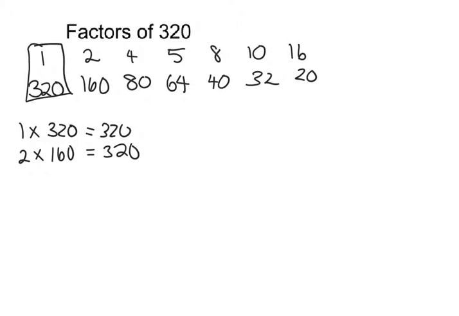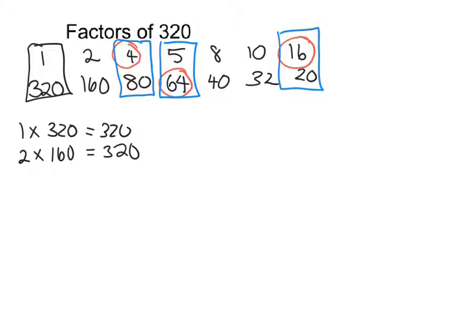So let's look at this and identify our perfect squares. And if you don't recognize your perfect squares, you have them just above this on your paper. So we know that 4 is a perfect square, that 64 is a perfect square, and 16 is a perfect square. So today, when we're working on these problems, we want to identify and use pairs that have a perfect square.